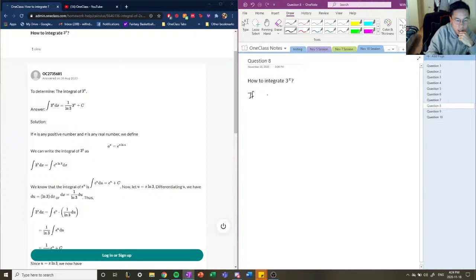If a is a positive number and x is any real number, we can write a to the power of x as e to the x ln of a, okay?